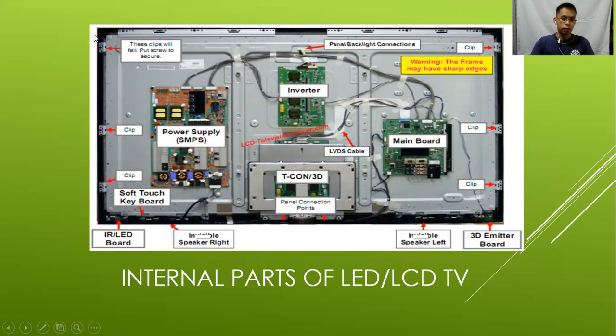This is the main frame of an LED television, just the same as an LCD type television, and then it has a metal type cover to protect the screen or the LCD, and at the same time the backlight. It also has clips so that the technician will be able to detach and attach again once this unit was disassembled.